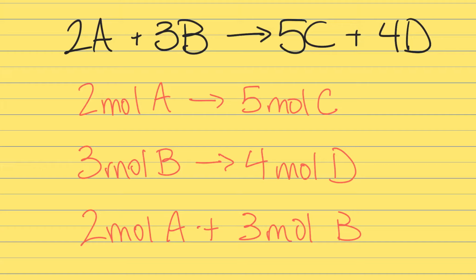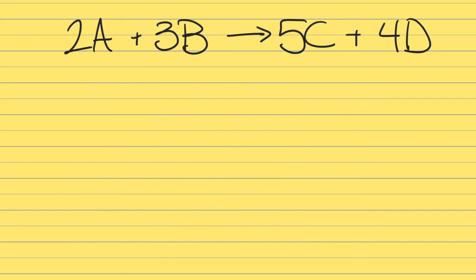Regardless of the case, this is the stoichiometric relationship that exists from this chemical reaction. As I said earlier, these are just some of the ratios that you have one to another.